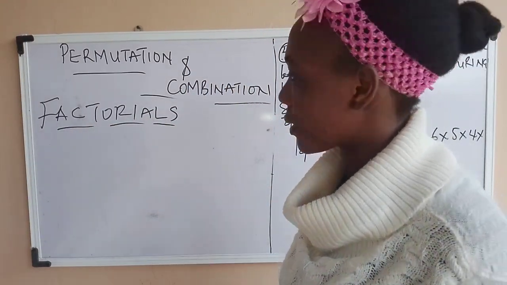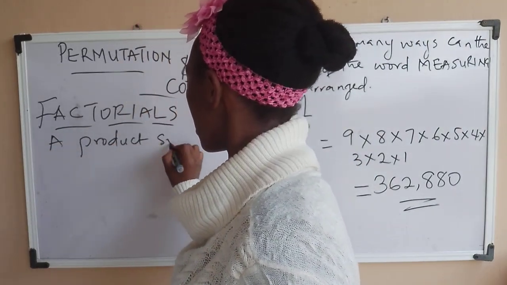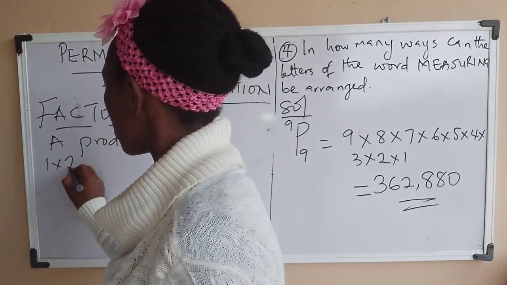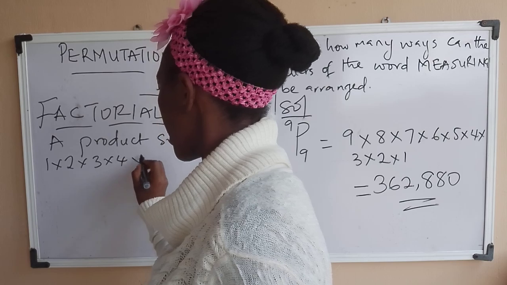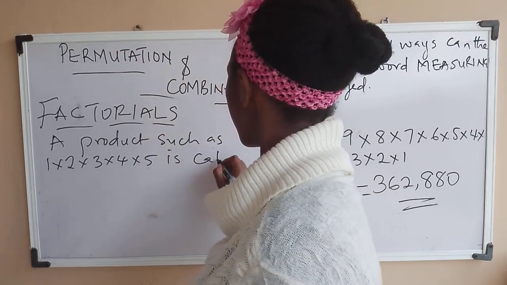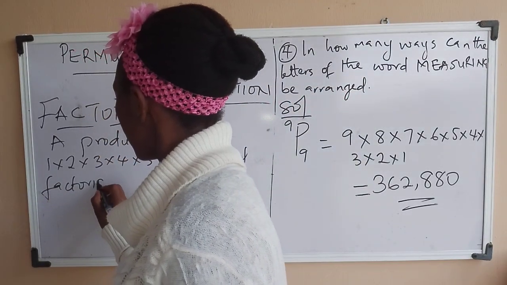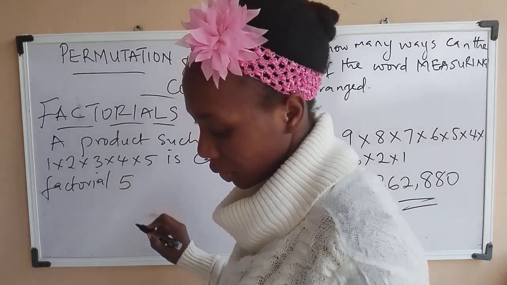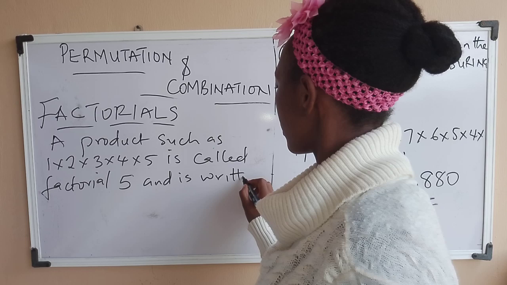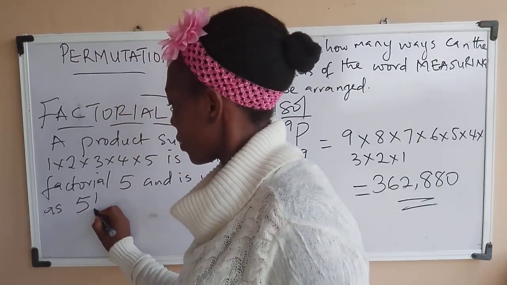Now, a product such as 1 times 2 times 3 times 4 times 5 is called factorial 5, and it's written as 5 factorial.